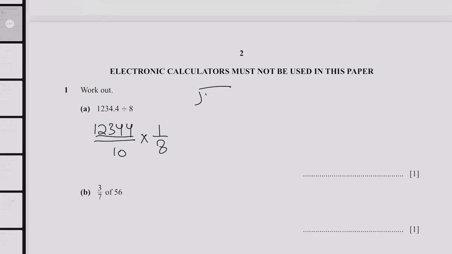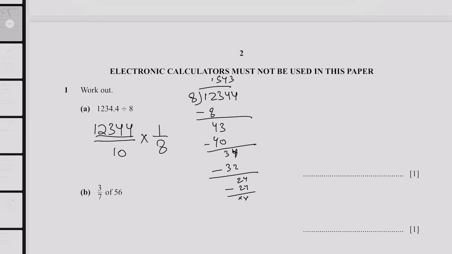So this will be 12344 divided by 8. So I have 1543 divided by 10, which equals 154.3. This is my answer.